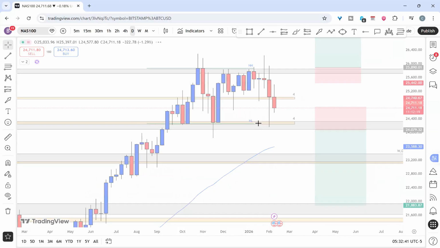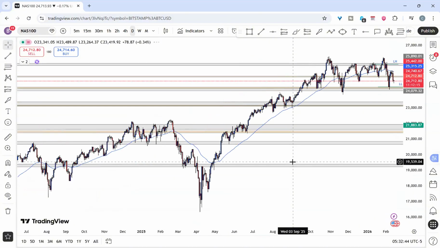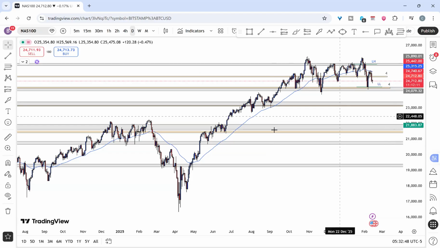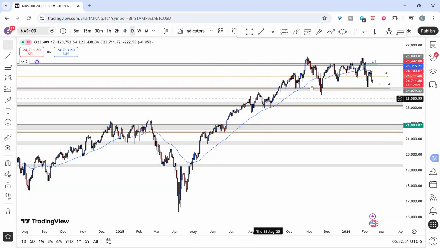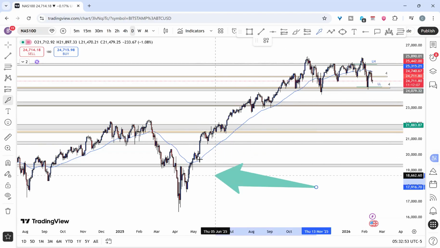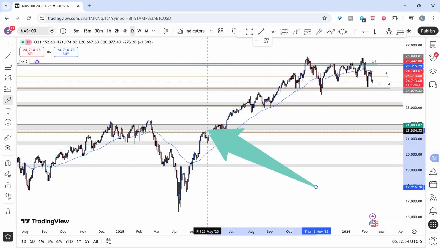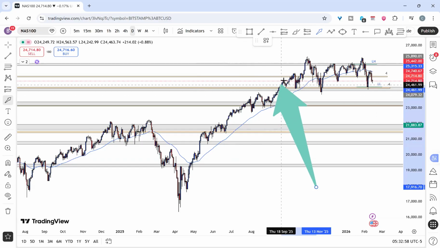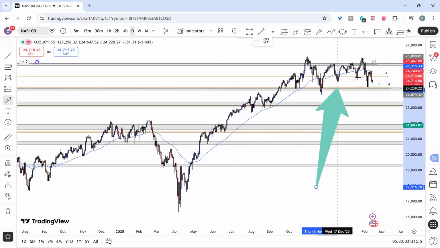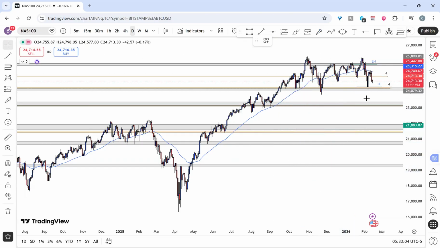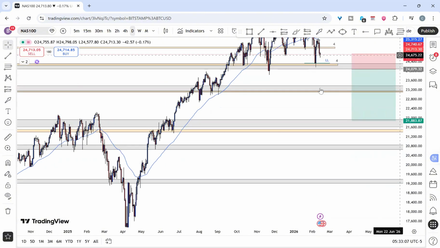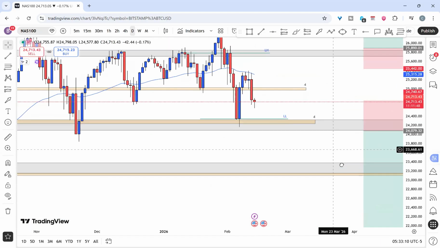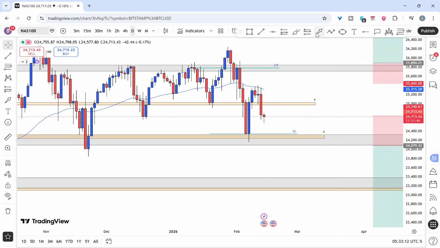So for the daily time frame, it is a bearish trend. Okay, it looks like a bullish trend since we are moving upwards with higher high, higher low, higher high, higher low, and so on, as you guys can see, the zigzag, right? But around this area, it's kind of stalling, and it is definitely in a bearish trend. Why is this?